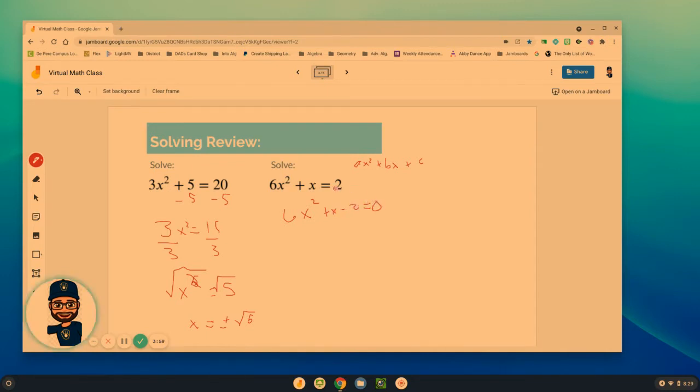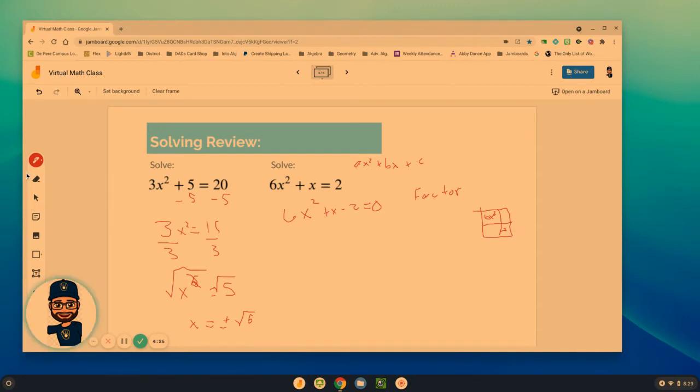And we had a couple different ways that we solved this in previous chapters. We tried to factor using that box method, finding out if there is a greatest common factor, or what box can I use to put 6x squared up in the top left, and then the bottom would be the -2, two numbers that multiply to -12 but also add up to 1.